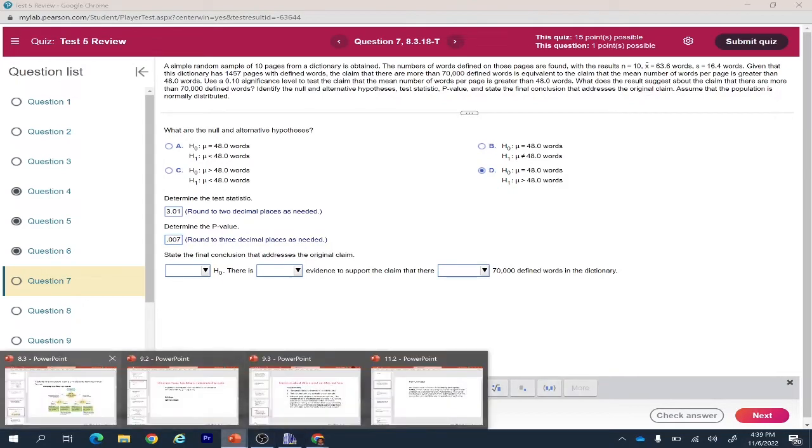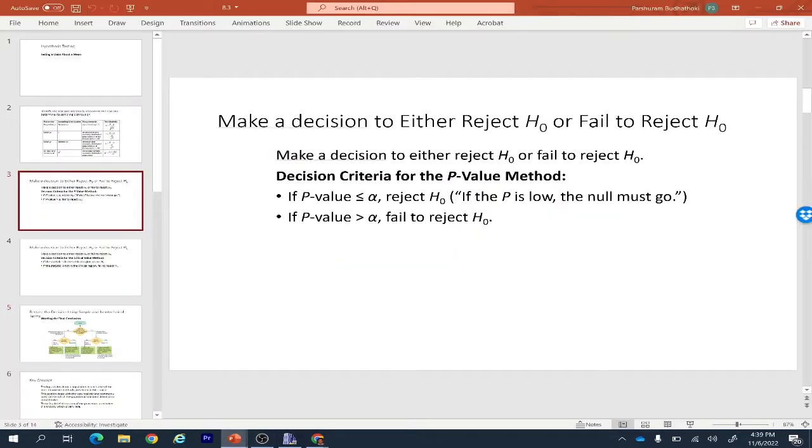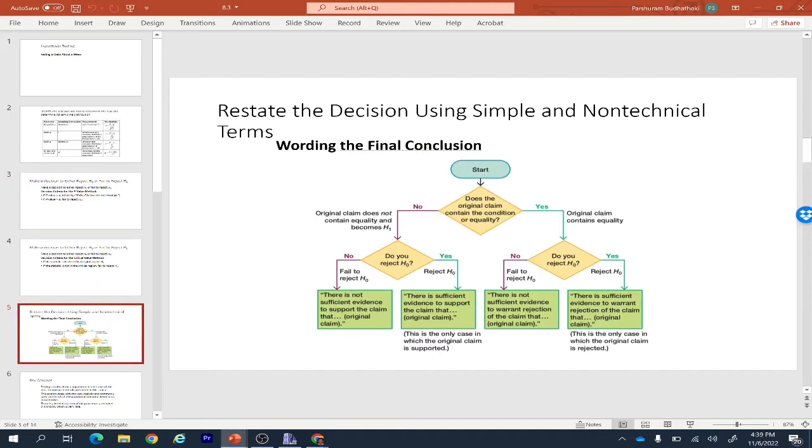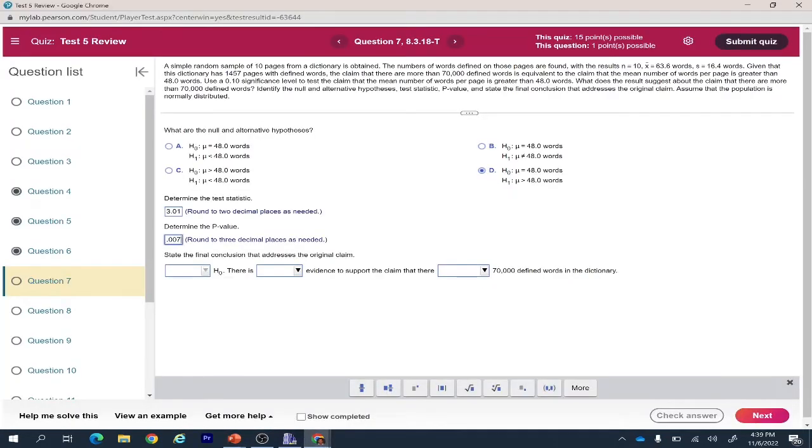So if it's less than alpha, then we need to reject the null hypothesis. There is no equal, reject the null hypothesis. So there is sufficient evidence to support the claim. So that is our conclusion. Reject the null hypothesis. There is sufficient evidence to support the claim that there are more than 70,000 defined words in the dictionary.